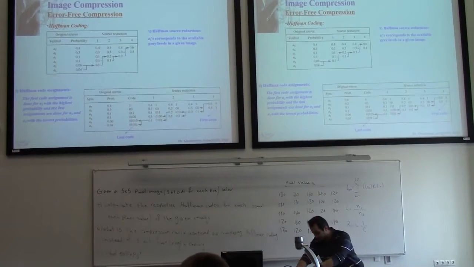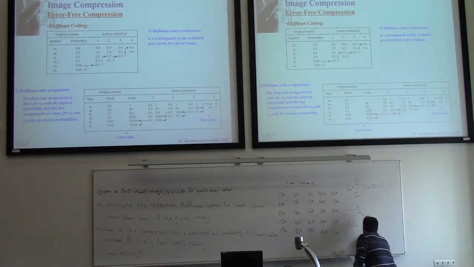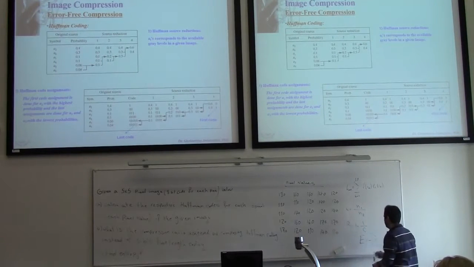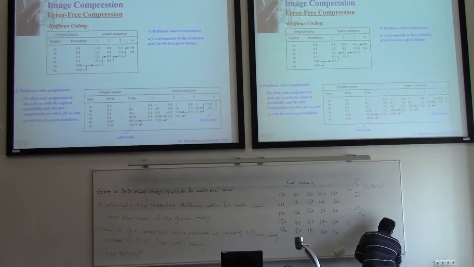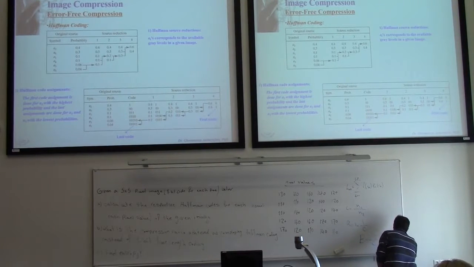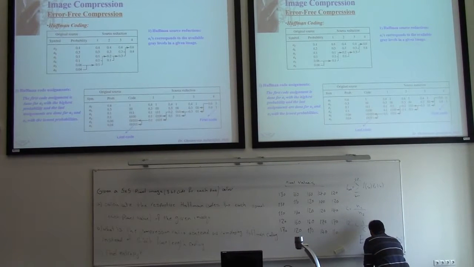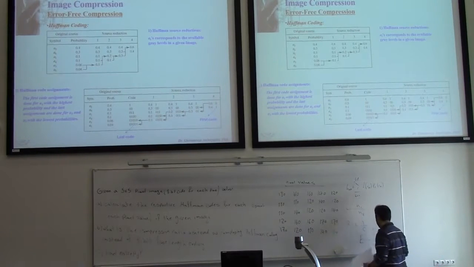For entropy, you can also use this. It's entropy: the probability of each symbol multiplied by the logarithm base 2 of the probability of each.